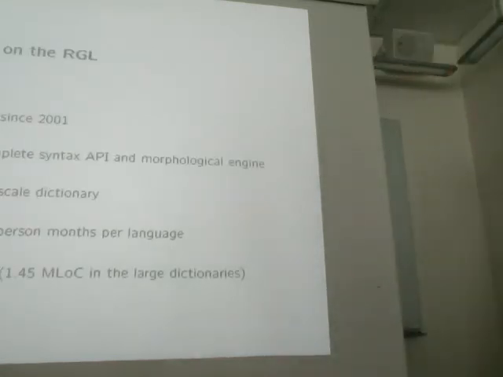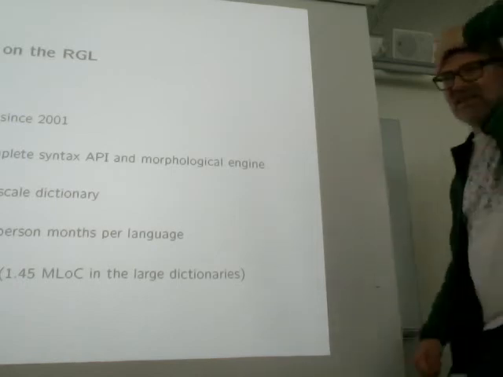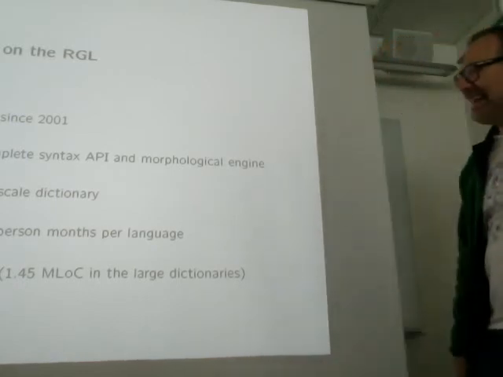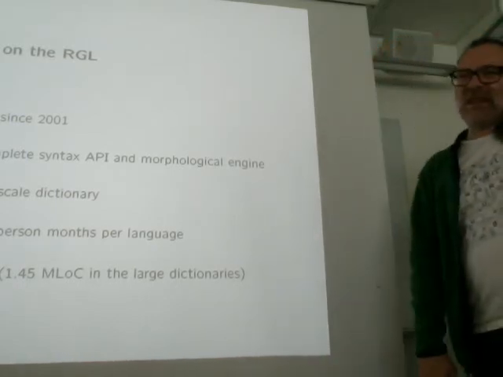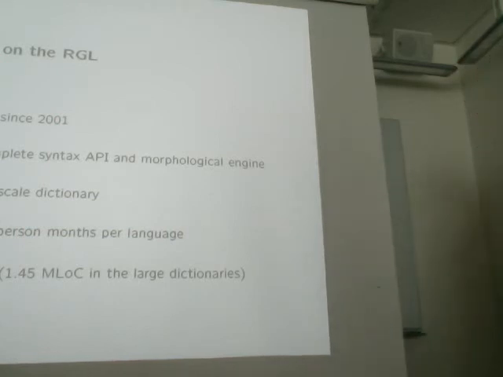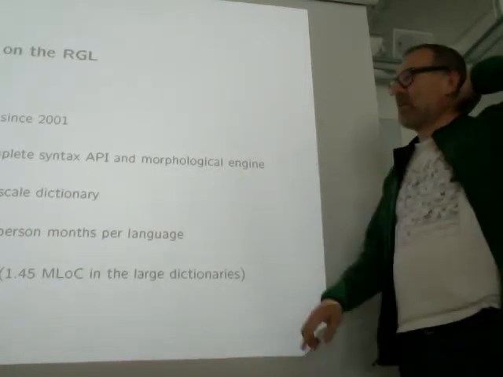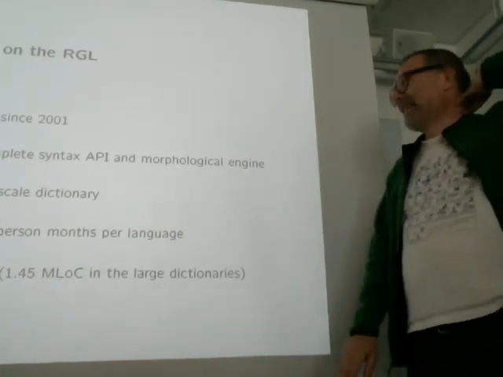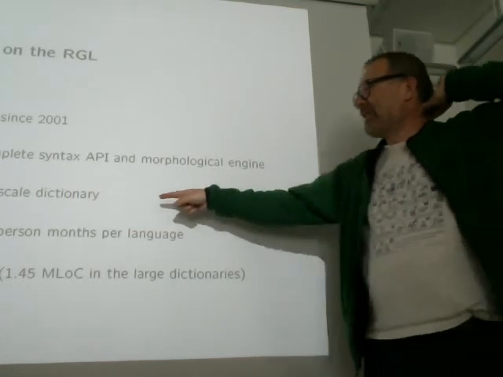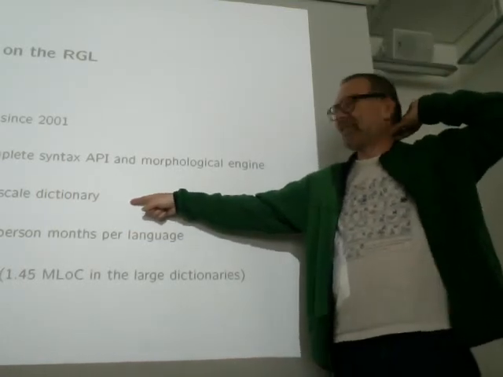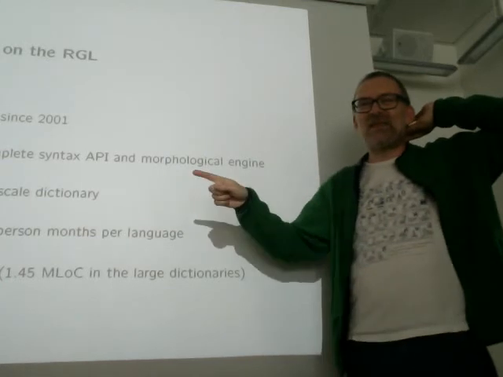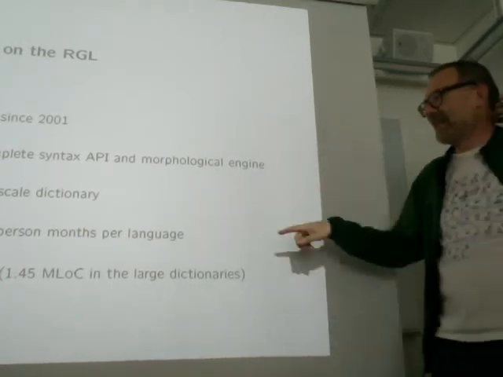So there are some statistics. We have started 36 languages, and some of them are in the nursery and some in the incubator. 25 in the trunk, which means that they have the complete syntax API. You also have a large-scale dictionary, tens of thousands of lemmas.